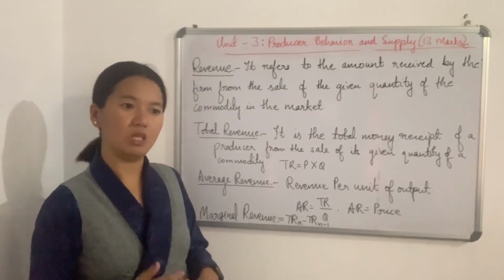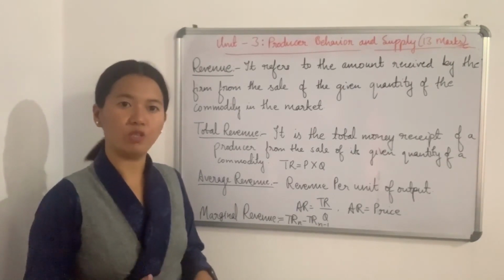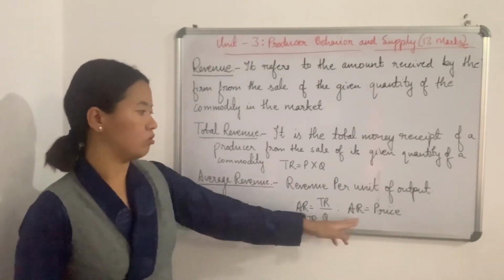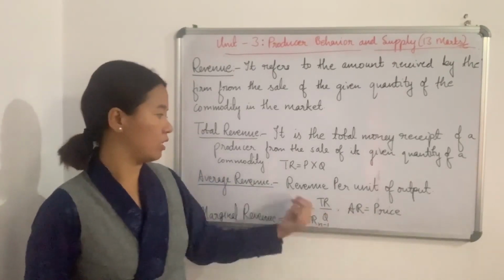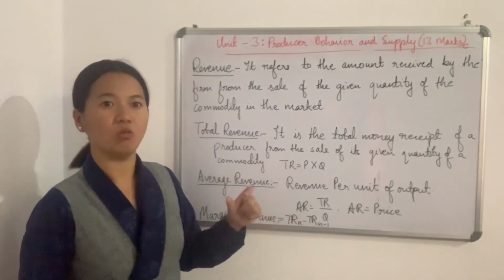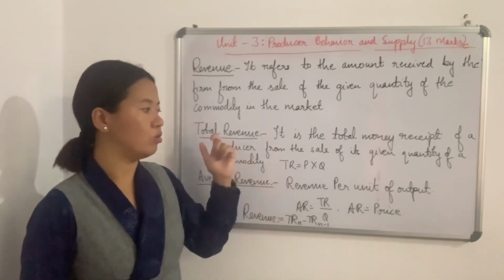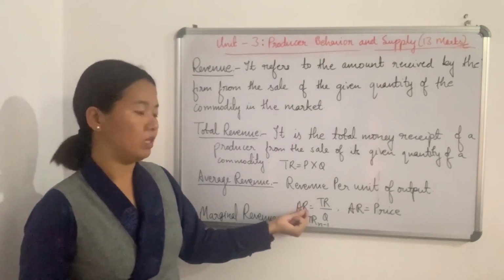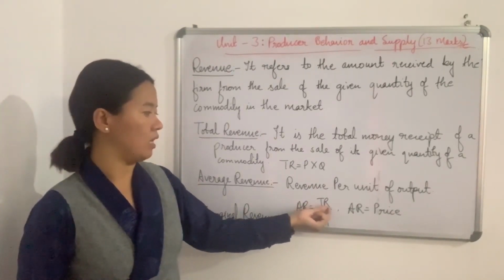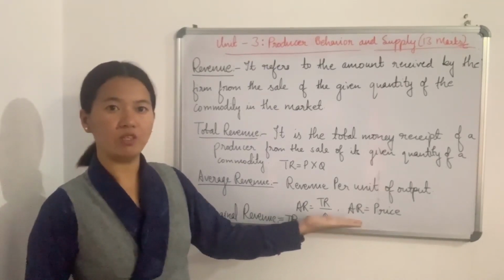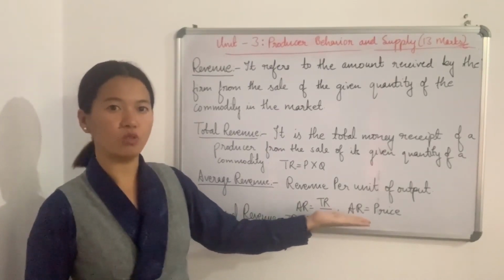Average revenue is also termed as price, because average revenue means how much each commodity is sold for in the market, which is similar to the price of the commodity. So average revenue can be calculated as TR upon Q, or average revenue is equal to price.